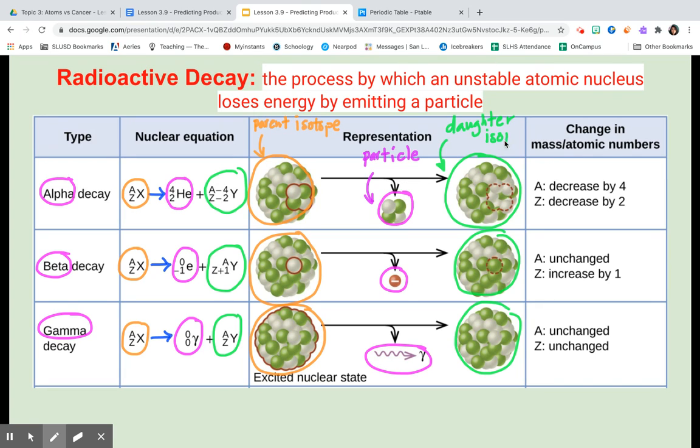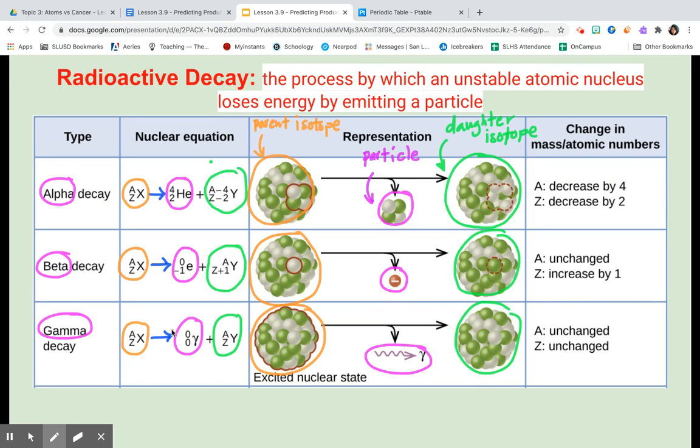So it's what you have left over. And a reminder that oftentimes we write them in what's called a nuclear equation. We don't really use the letters A, Z, and X every single time for the orange circles or the green circles. They're just a general formula of how we represent a nuclear equation.